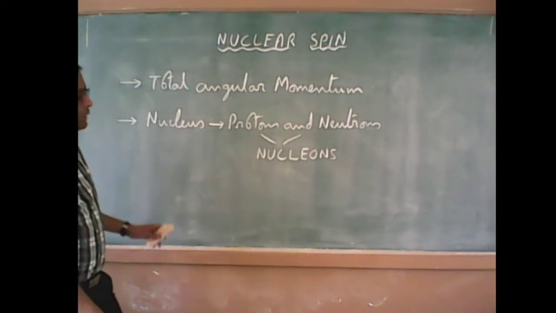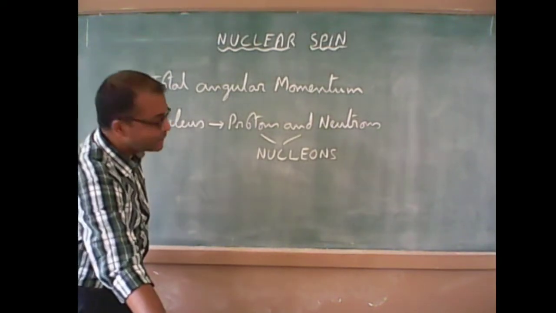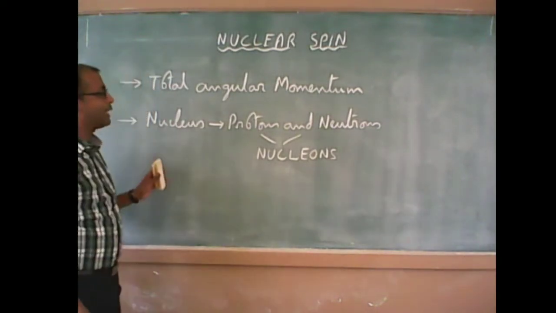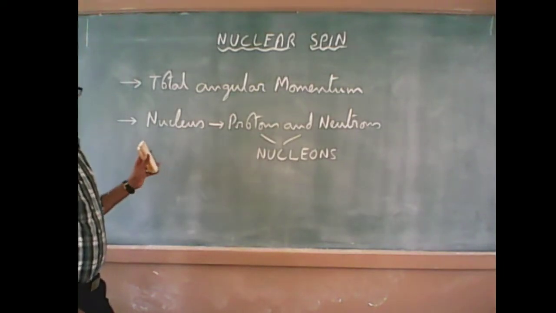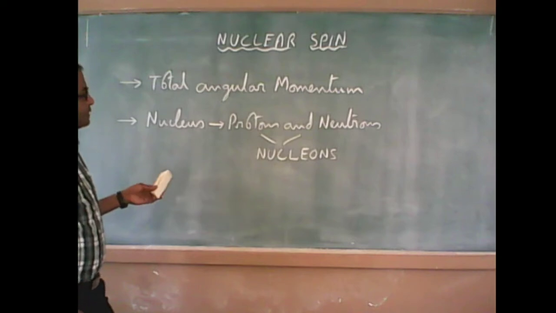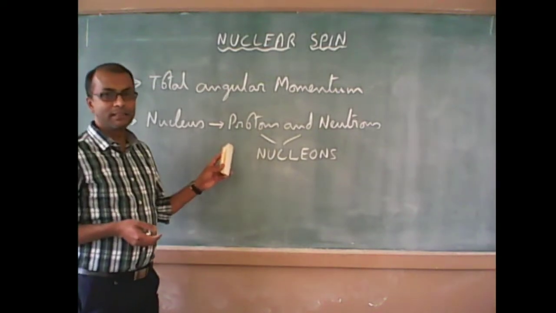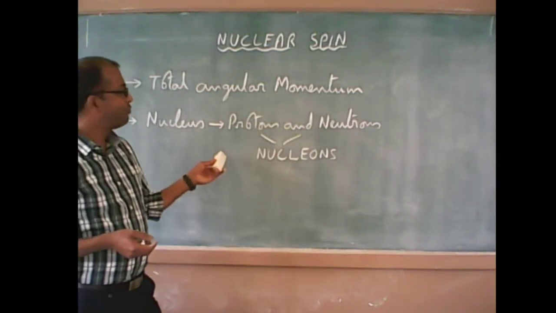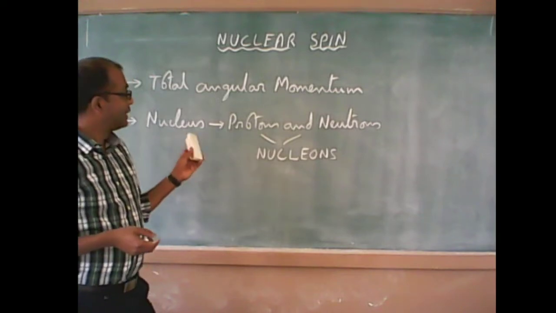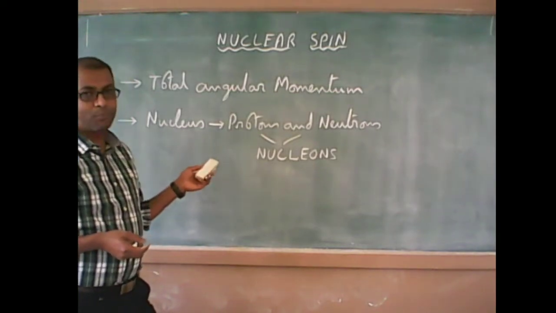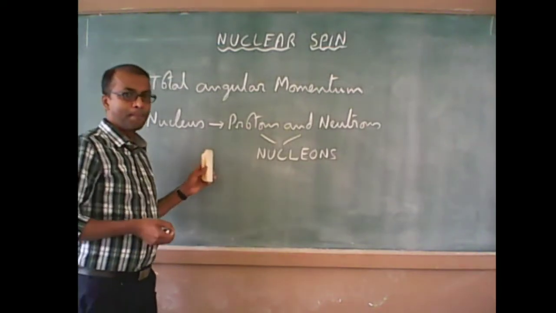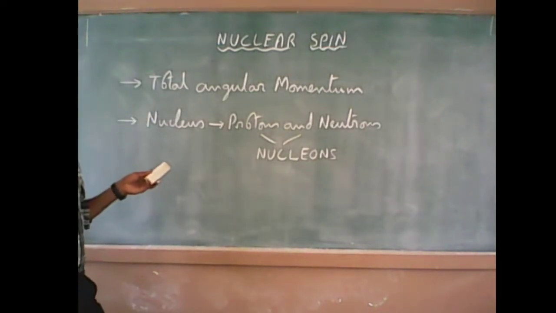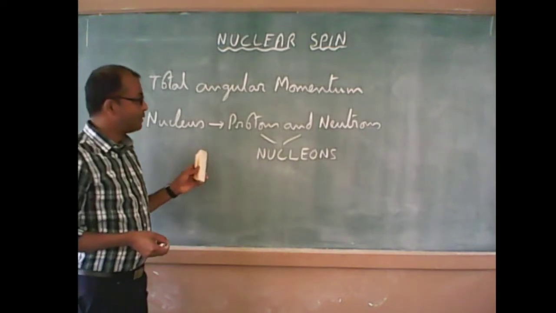These protons and the neutrons possess an intrinsic spin angular momentum. Apart from that spin angular momentum, these protons and neutrons inside the nucleus move in a central force field, and they possess a kind of orbital motion about the center of mass of the nucleon system.